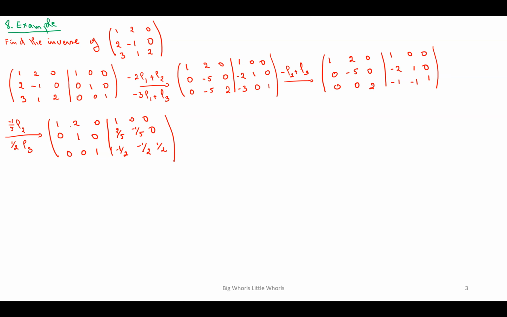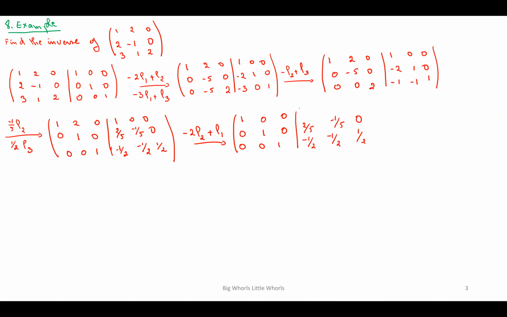I want to use the 1 here to cancel the 2 in row 1. So I'm going to do minus 2 times row 2 plus row 1. Okay, so let me recopy row 3, 0 0 1. We have minus a half, and a half there, and 0 1 0, row 2 is unchanged, 2 over 5 minus 1 over 5 is 0, and the purpose here is to eliminate these two, so it's going to be 0 0 0.